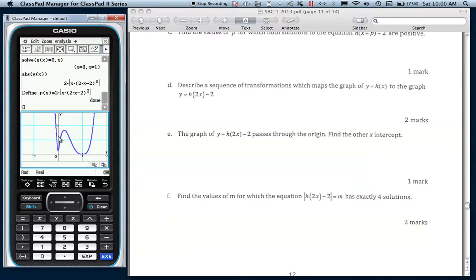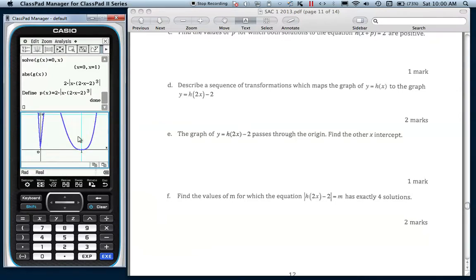And so we want the values of m for which the equation as listed here has exactly 4 solutions. So it's a horizontal line that has exactly 4 solutions, and you can see here that it has 4 solutions, 1, 2, 3, 4, between this turning point here and this one here. We've got 1, 2, 3, 4 there. So we might just zoom in on that to just check. Oops.